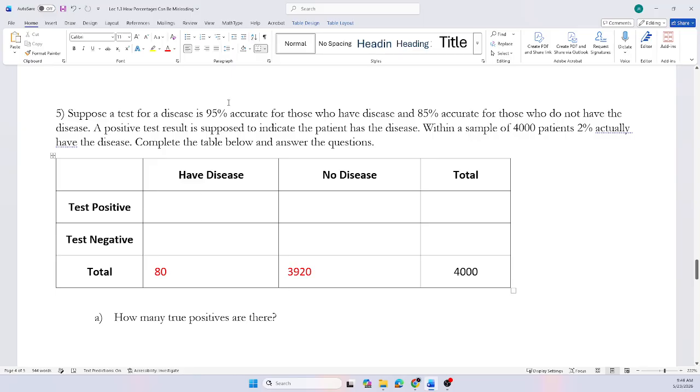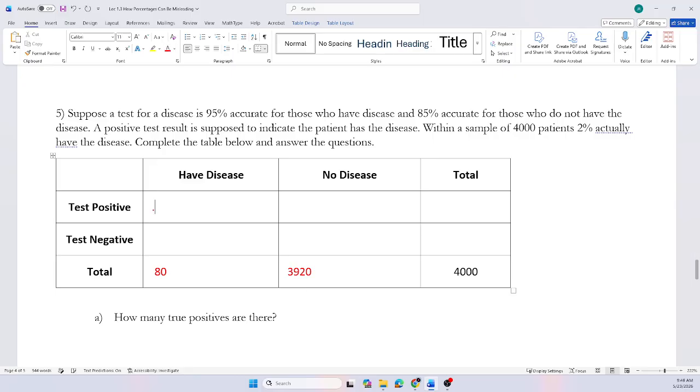So in the case of someone having the disease, the test is 95% accurate. So that means 95% of these 80 people are going to get the test result they should get. Now, if you have the disease, you should test positive. In a perfect world, if the tests were perfect, all 80 people would test positive. But it's not perfect.